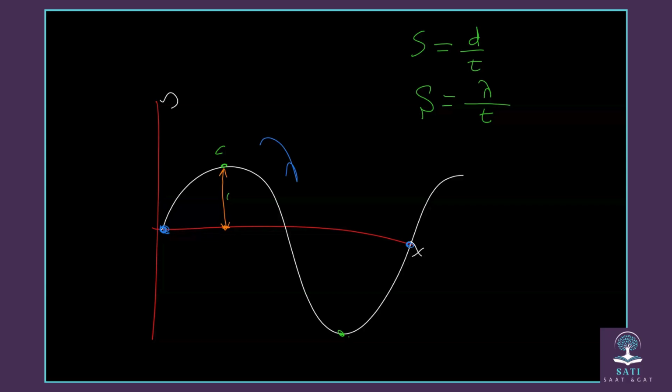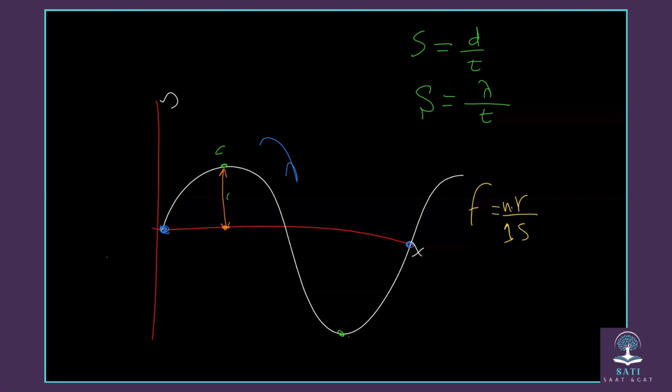Now, what is frequency and what is time? What is the period of the waves? Frequency means how many rotations this wave can make per second. So how many rotations per second? Number of rotations per 1 second. So this is now frequency.